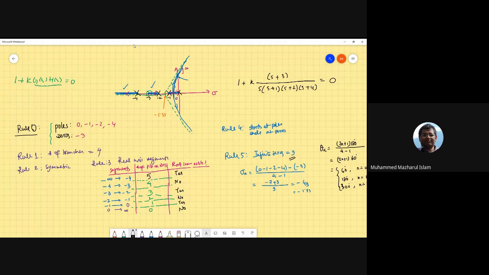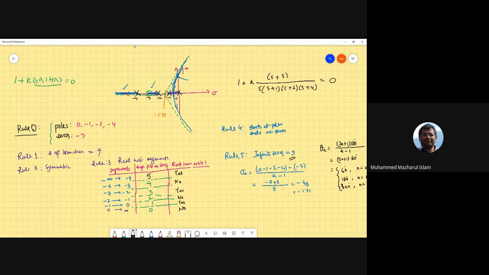Now, we learned 5 rules in the previous class. Rule number 0, or the starting point, was to find out the poles and zeros of the system. And then we learned 5 rules. Rule number 1 is to find the number of branches. I'm giving you a review.